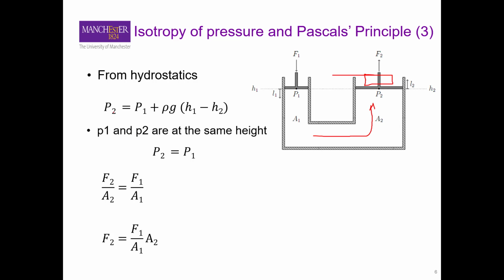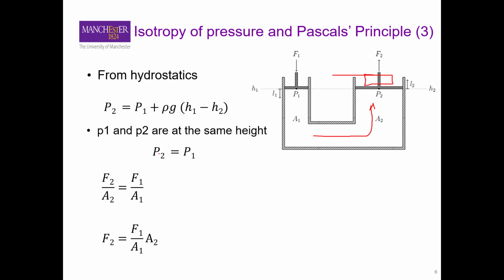So we can write these pressures from hydrostatics as P2, the pressure on point 2 or on piston 2, is equal to P1 plus rho g delta H. Okay, so that is what we saw in hydrostatics. And we know from isotropy of pressure that if these two pistons are at the same plane or at the same point, the pressures should be equal. So we can write P2 should be equal to P1.